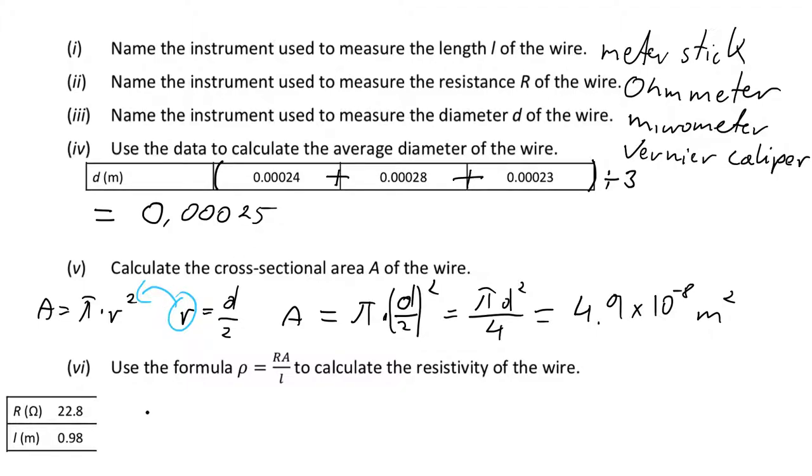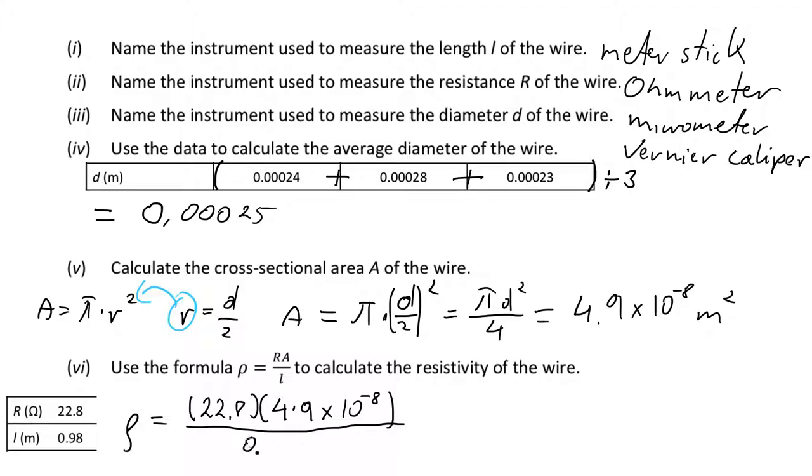So we can substitute all the values into our equation. We get this type of formula. ρ is equal to, we substitute 22.8 for the resistance. We substitute 4.9 times 10 to minus 8 for the area, and we divide all that by 0.98 meters.